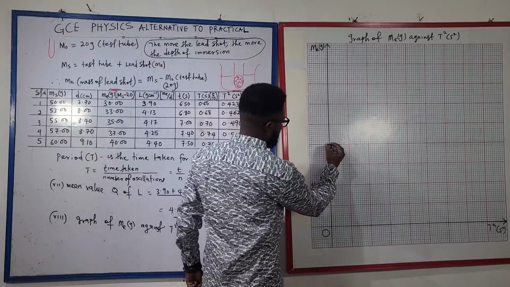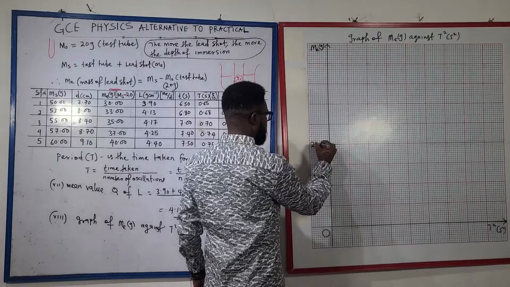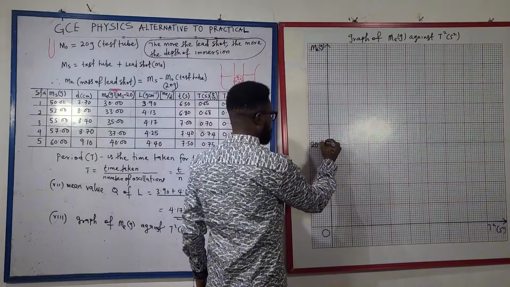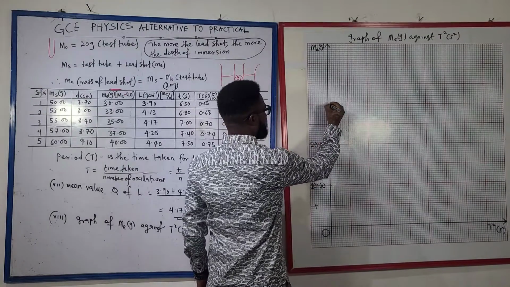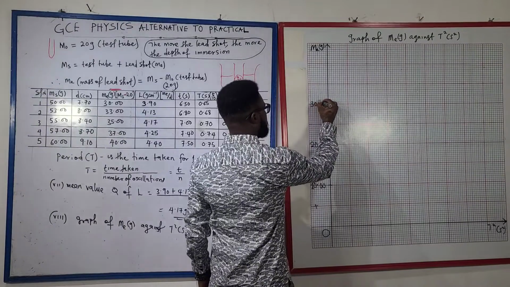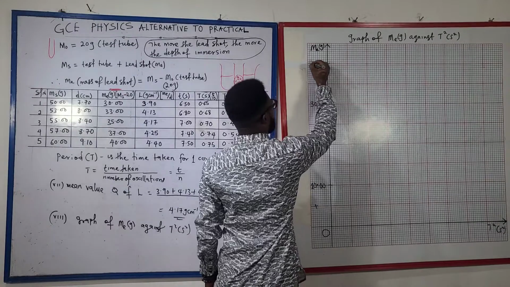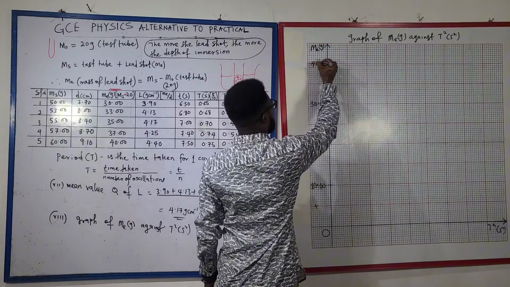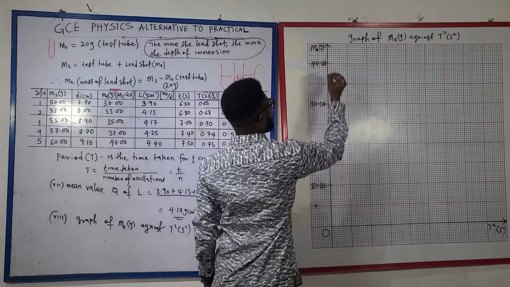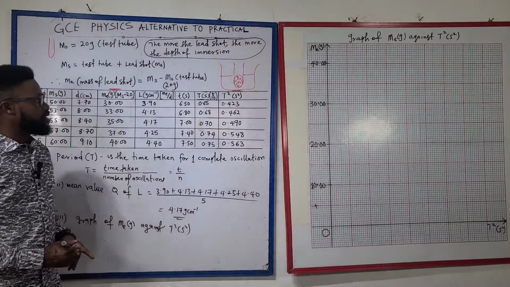And of course, another 4 centimeter is going to be 20 units, and then 30 units, and then 40 units. That's that for my ME axis.